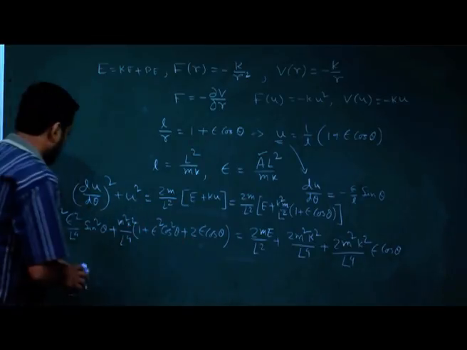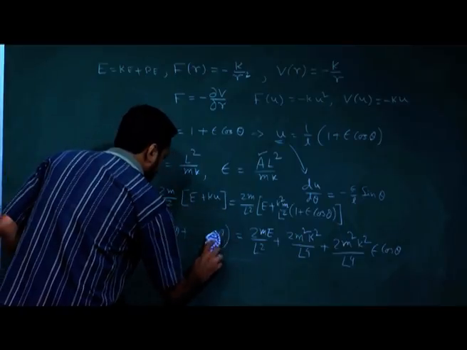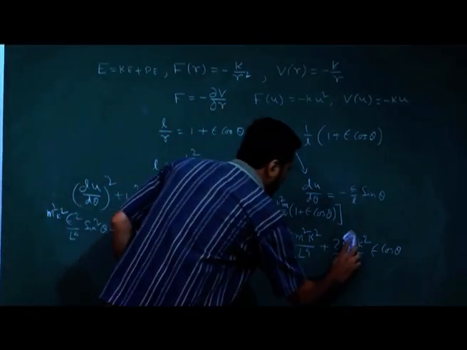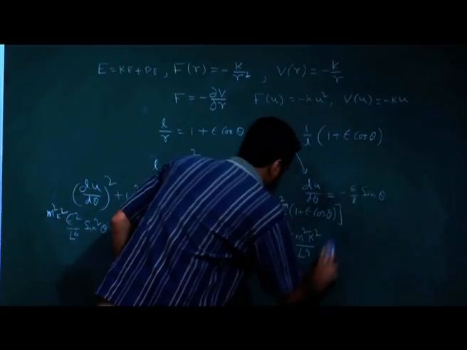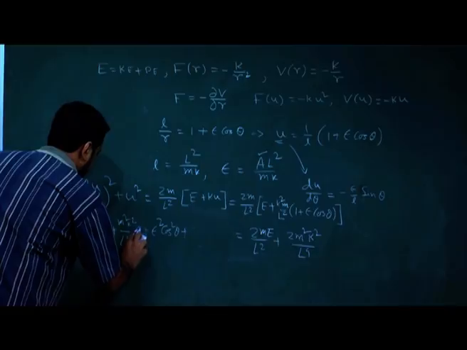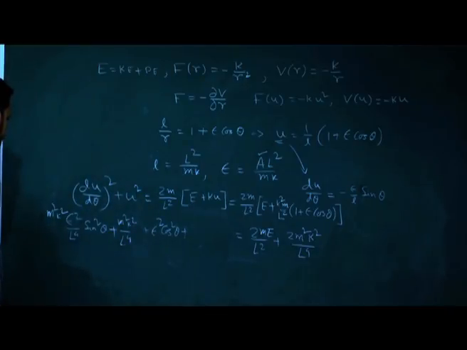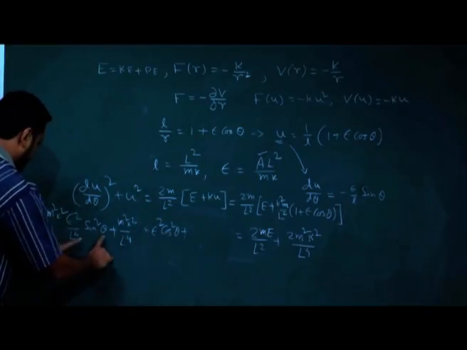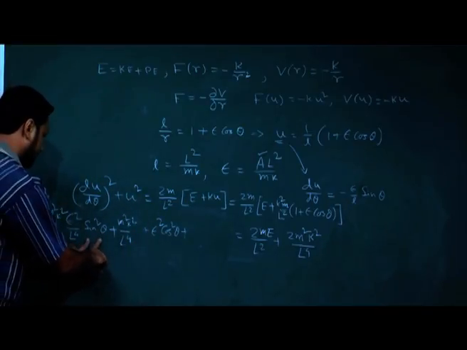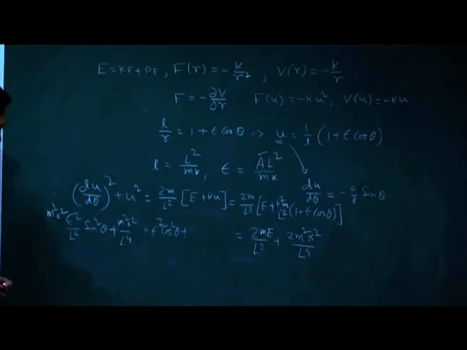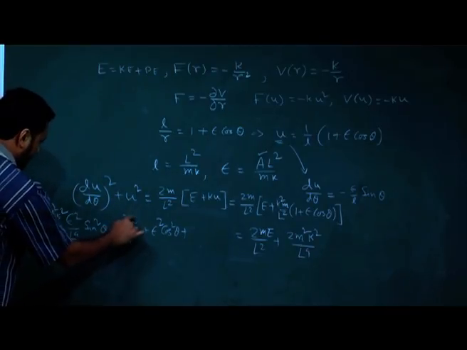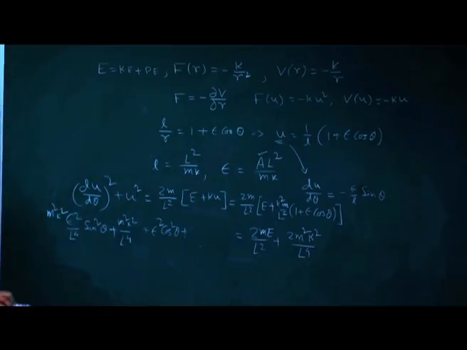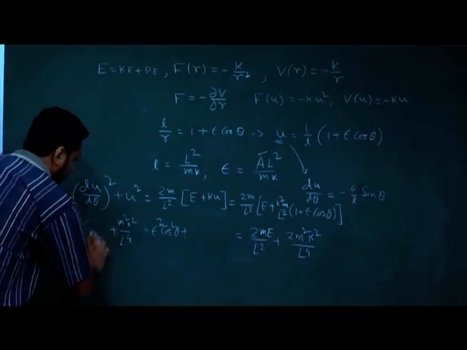So, if we cancel that, what we are left with is this, and of course, we have epsilon square cos square theta plus epsilon square sin square theta with the same prefactor m square k square by L to the power 4. So, this will simply give us epsilon square.